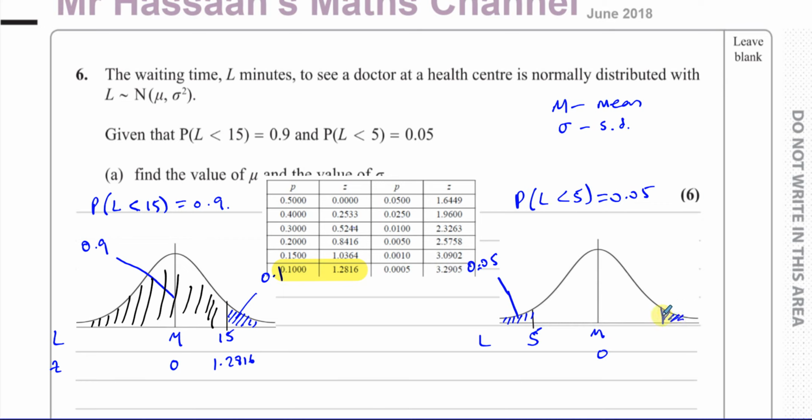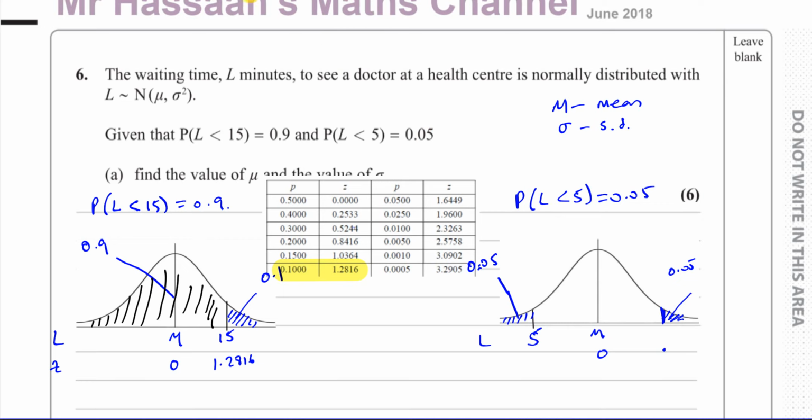They would exactly overlap. So whatever this Z value is, this is the positive version of it. If I find what this Z value is, then this is going to be the negative version of that Z value. I know the area to the right of this Z value is 0.05 because it's the same as that, because they fit over each other.